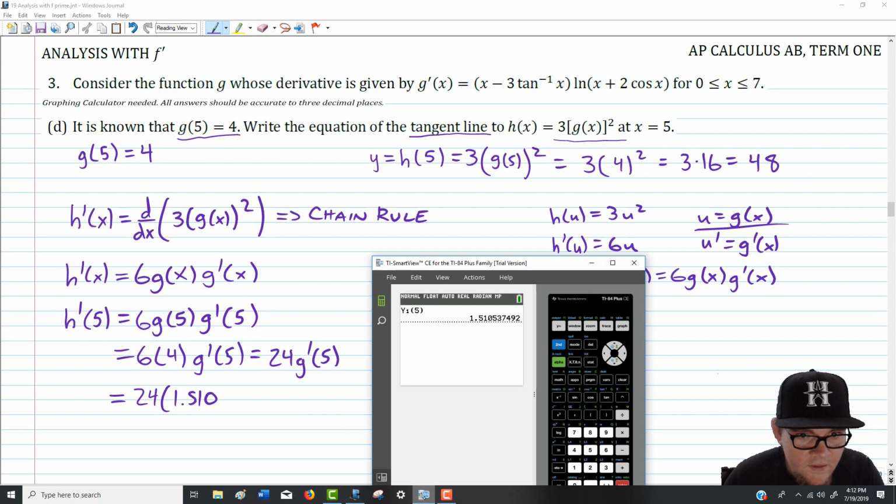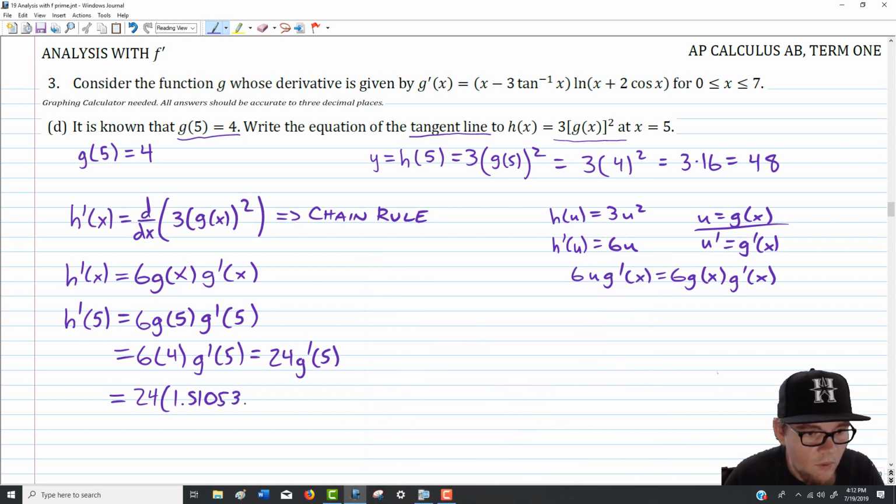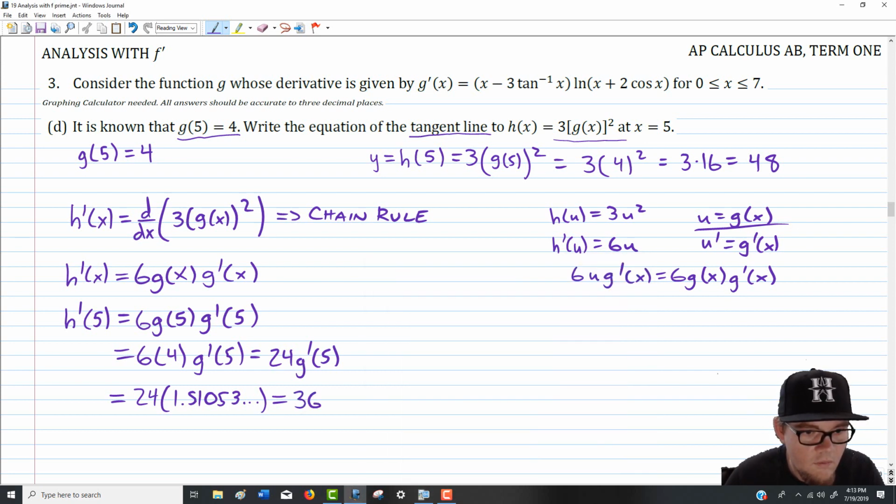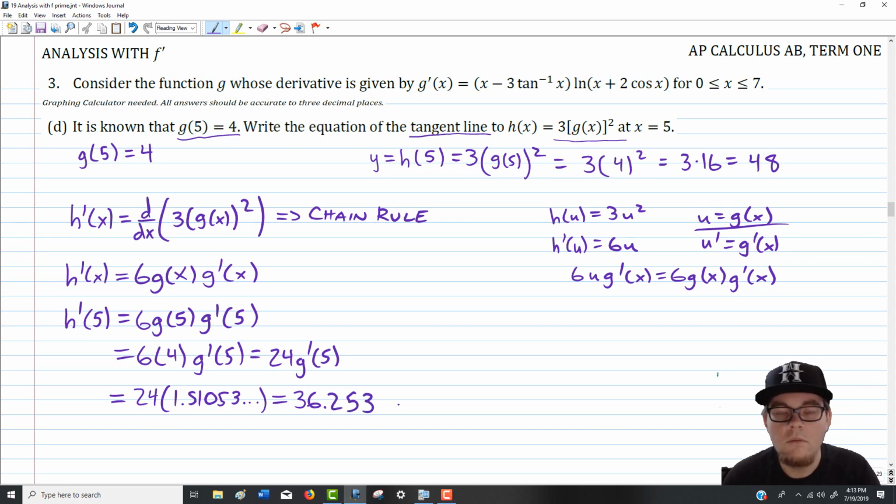And of course we know that since this is an intermediate calculation, we want to maintain full decimal accuracy just in case. So I'm going to leave it exactly like that, and then I'm going to find what that's equal to on the calculator. If we take that answer, we straight up multiply the answer by 24, we get our slope of 36.2528, so 36.253 will be our accurate decimal, enough decimal for us to work through.